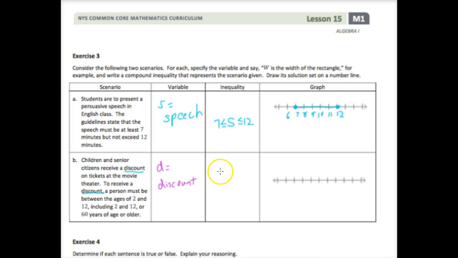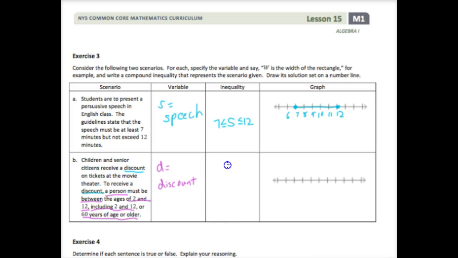And let's see, we have several conditions for this. That must be a person between 2 and 12, including 2 and 12, okay, solid dots or equal signs, or 60 years of age or older. All right, looks like this one's got two conditions.